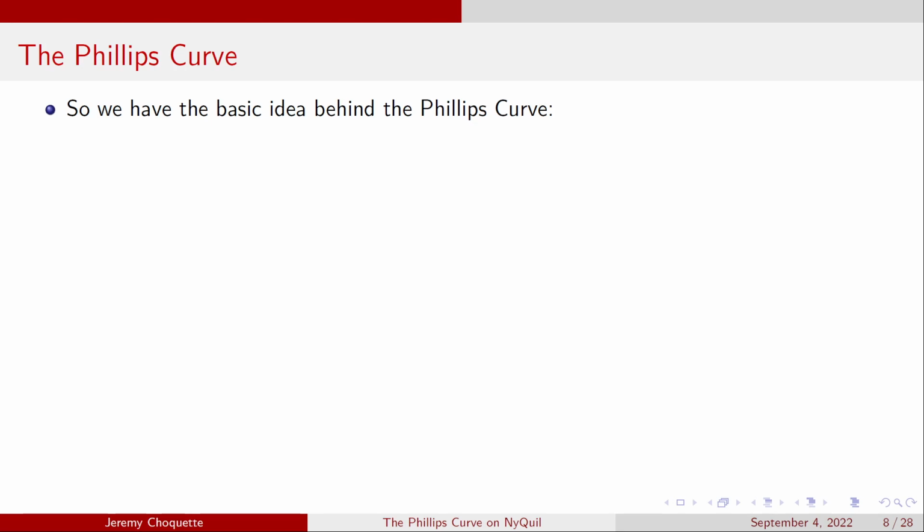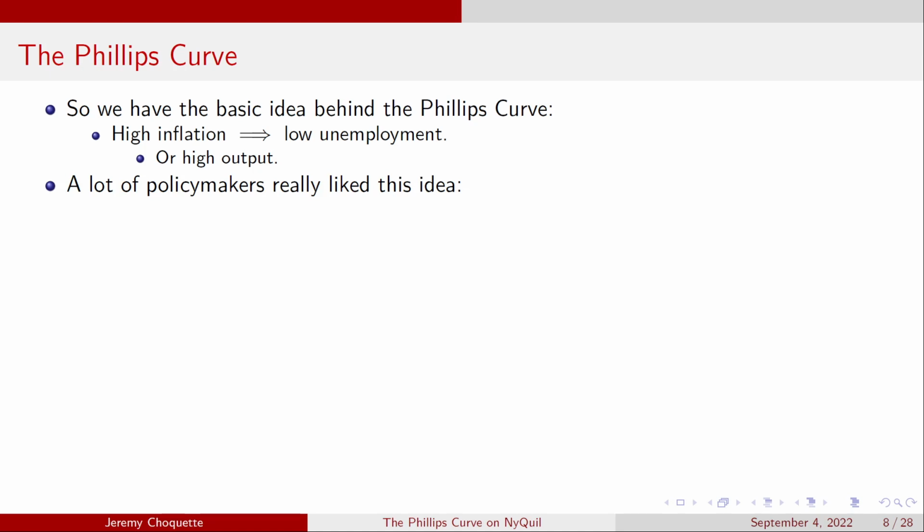So we have a basic idea behind the Phillips curve, and it's that high inflation implies low unemployment or high output. And a lot of policymakers really liked this idea. I mean, who wouldn't? From a policymaking standpoint, it is an incredibly wonderful thing that can be exploited to help your political career.